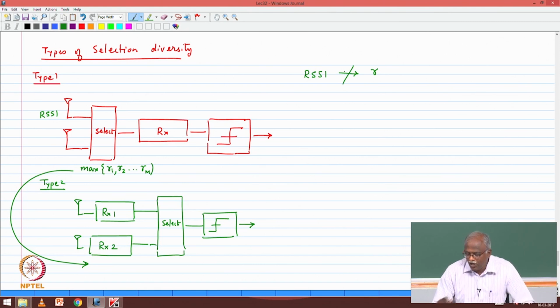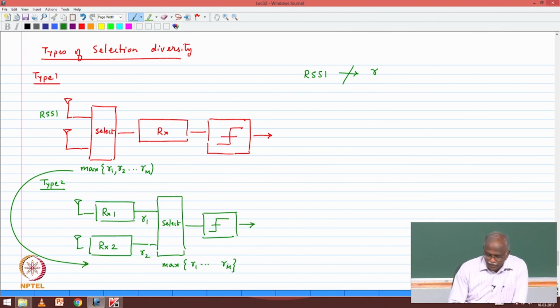Sometimes it's not, especially if there's a lot of noise present in the system, you cannot differentiate between the two. So in this case you are selecting on the basis of antenna signal strength, hoping that it's the same as maximum SNR. In the other case, you can actually estimate SNR1 and SNR2, and then you can do the implementation more accurately, saying that, okay, I want to choose the best of these SNRs.